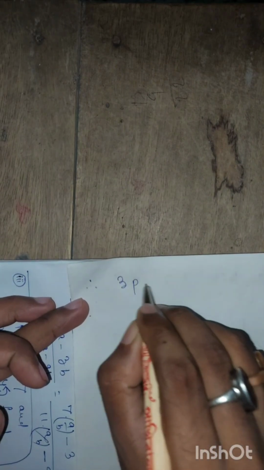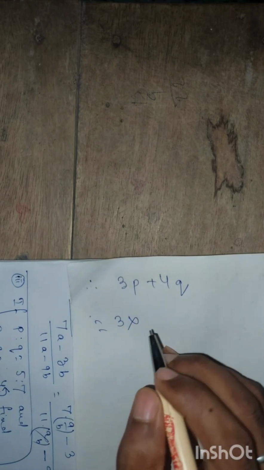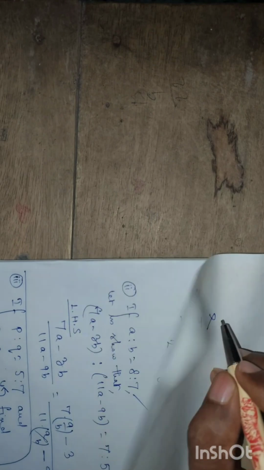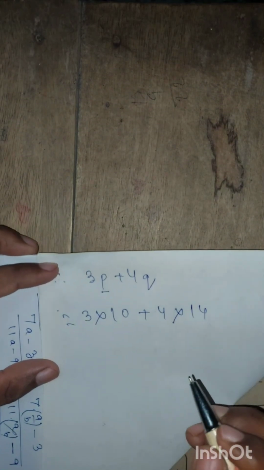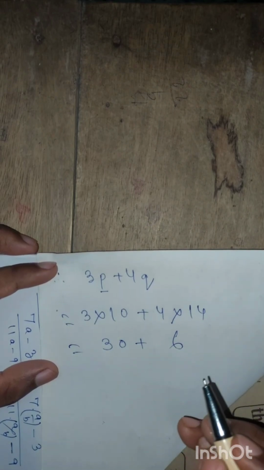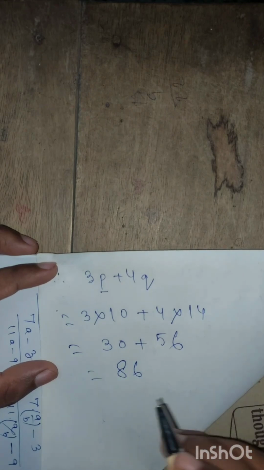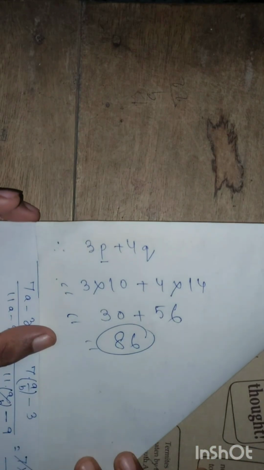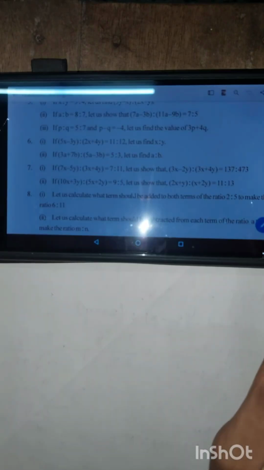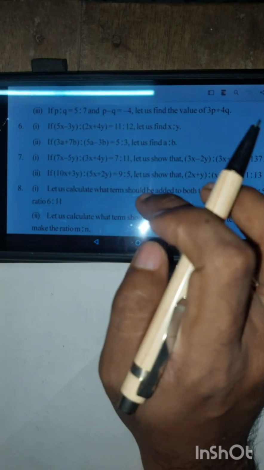Therefore 3P plus 4Q is equal to 3 into, in place of P we can write 10, in place of Q we can write 14. So this is 86. This is our answer.